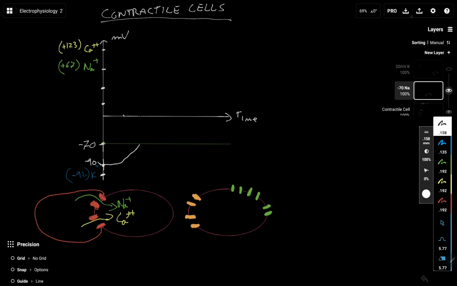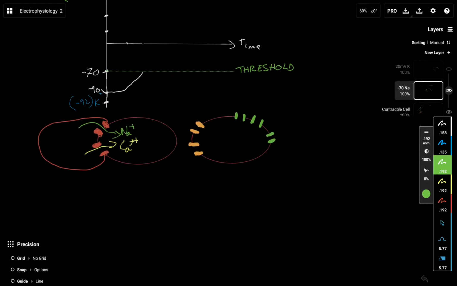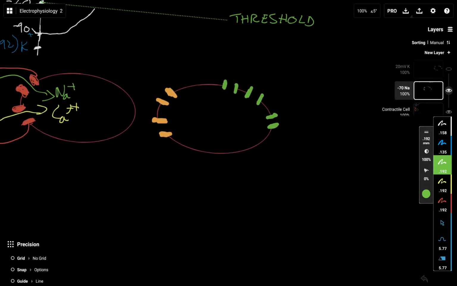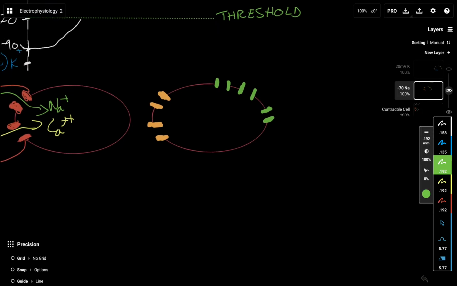Just like we've seen previously, this minus 70 millivolts is called a threshold. And this threshold of minus 70 millivolts, what does it do? This is the threshold for some sodium voltage gated channels to open up.